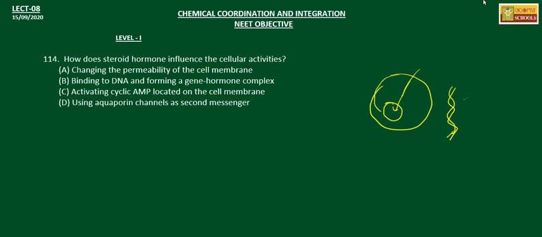You can see here, this is the receptor and this is the hormone, resulting in the formation of the hormone receptor complex, and this will bind to its respective position.